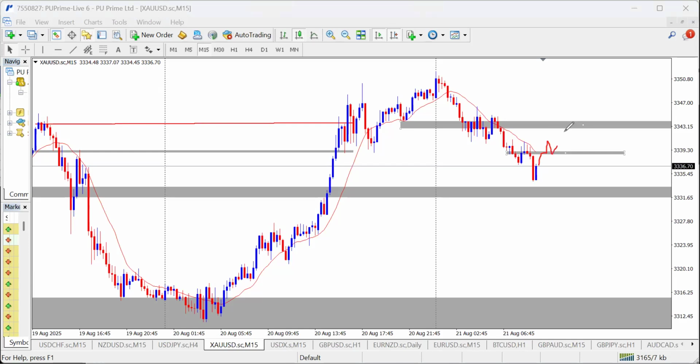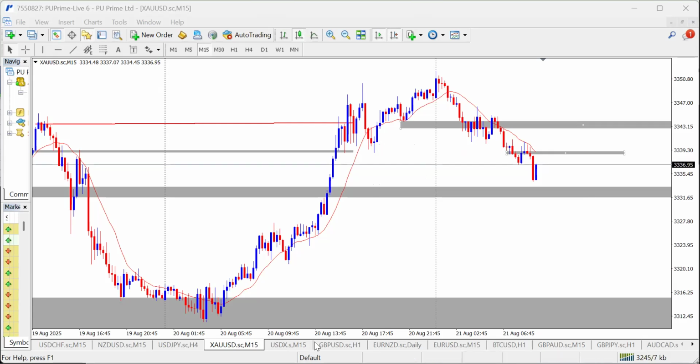We test over here, we test here, and boom to the upside. Or price goes a little bit deeper to this level and continues moving to the upside. That's what I'm expecting, and that's what I love to see on gold. Otherwise, we are still bearish on gold.